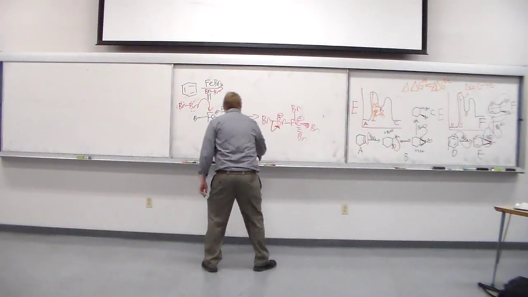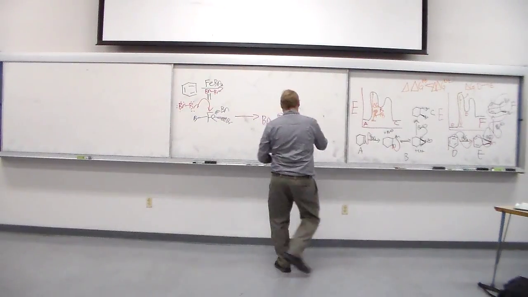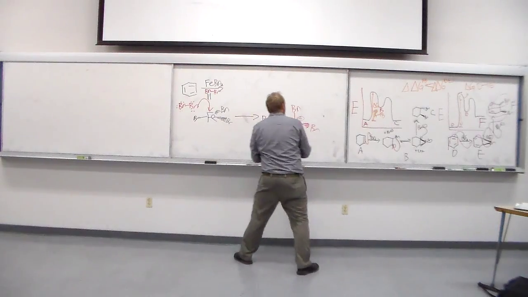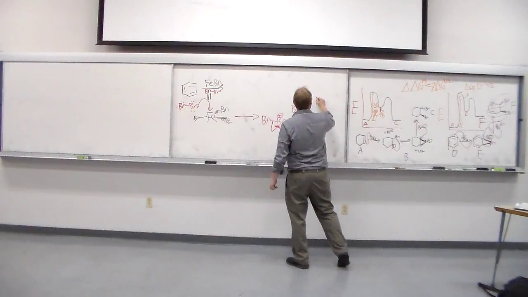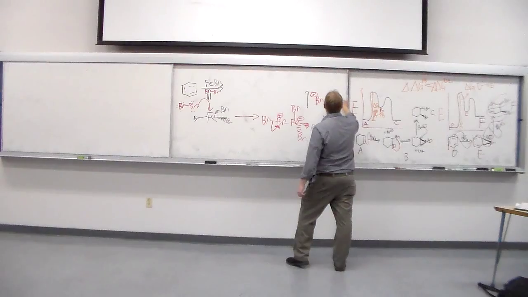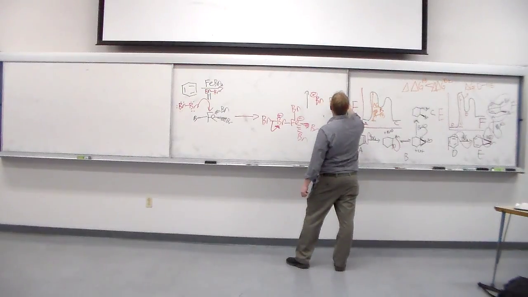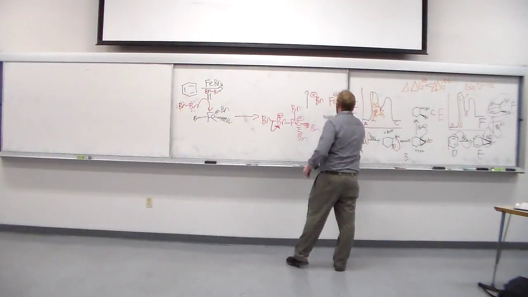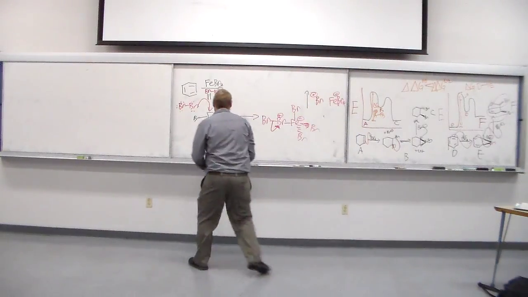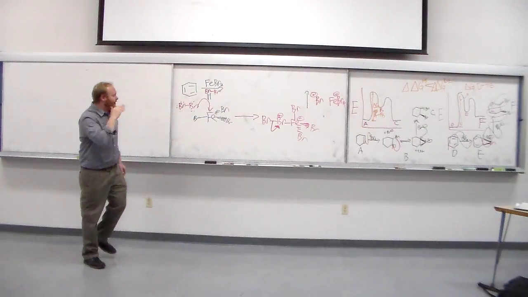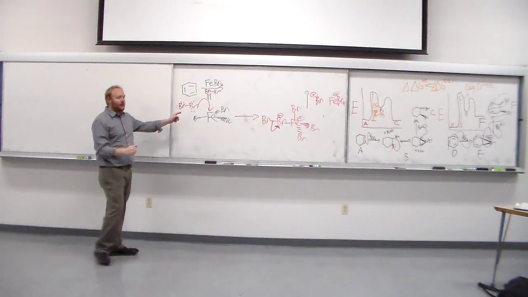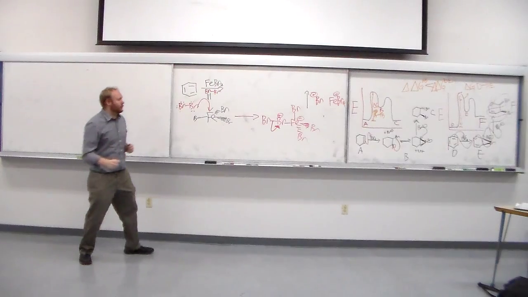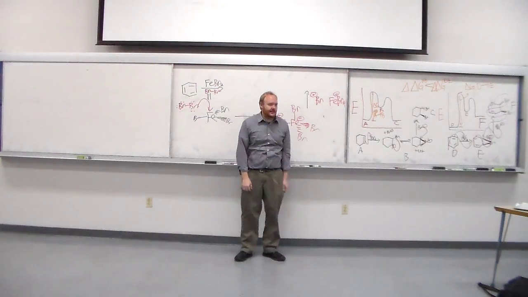And what that will give us is going to be Br plus, and then FeBr4 minus. So what the iron just did was it activated Br2 from acting like Br2 neutral to acting like Br plus.